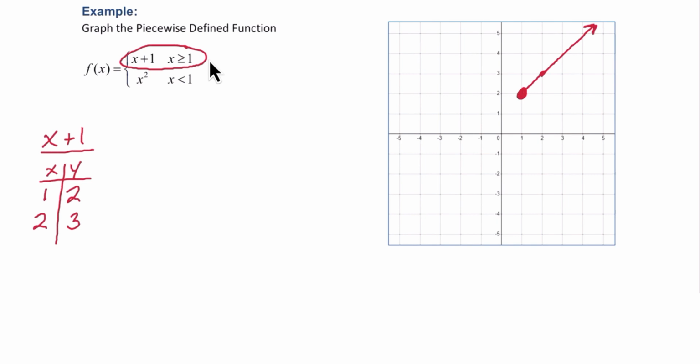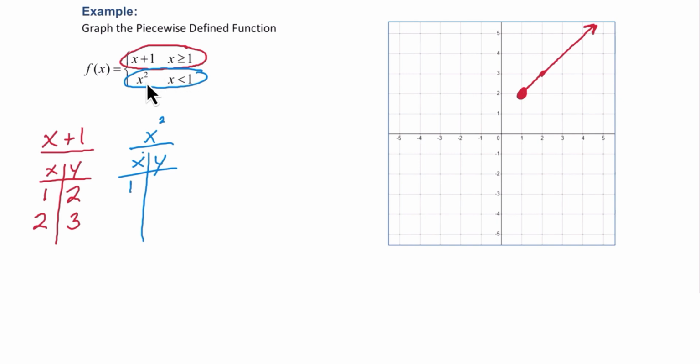Next, we'll look at x squared. Again, we'll use point plotting to help us sketch this graph. Let's start with the number that they give us for the domain restriction. Even though we don't have equality on the 1, we're going to start with what they give us, 1.